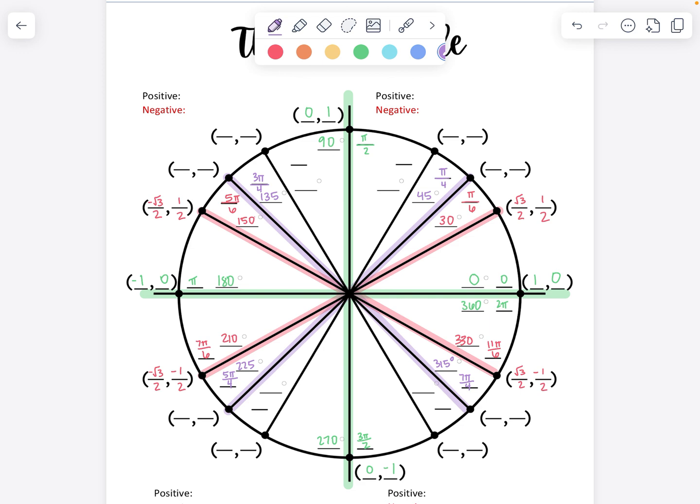And I noticed that all of those have a denominator of 4. An interesting pattern. All the pink ones have the same denominator, all the purple ones have the same denominator, all the pink ones have the same reference angle, all the purple ones have the same reference angle. Crazy how that works out, huh?